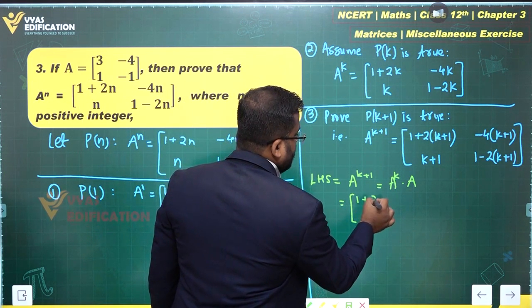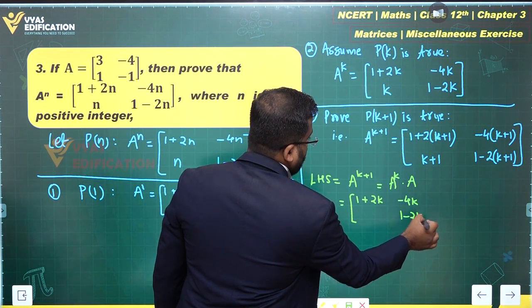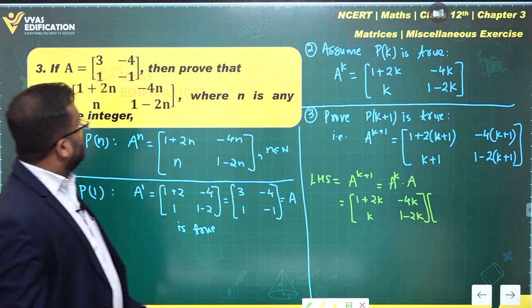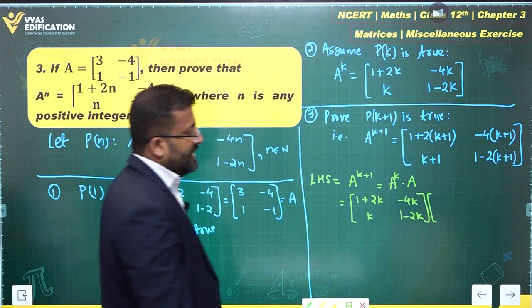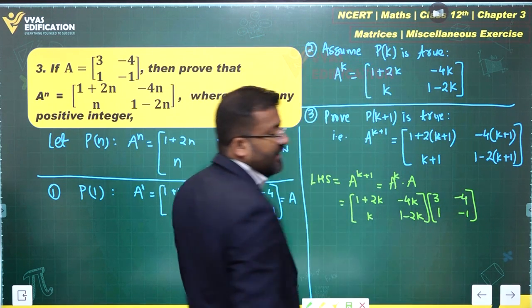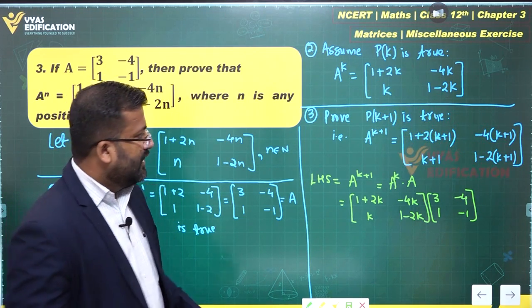This is [1 plus 2k, k; minus 4k, 1 minus 2k]. And the matrix A is [3, 1; minus 4, minus 1]. Let's use that. Once we have written these two, let's multiply them together and see what we get.